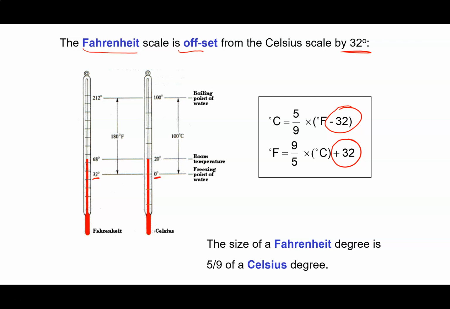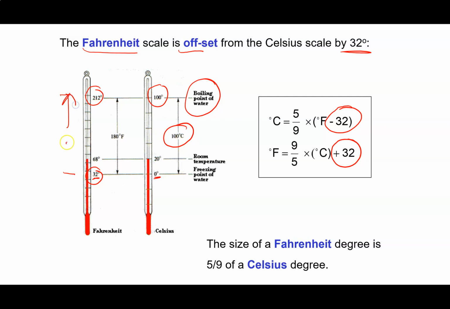So for example, if you look at the difference between the freezing point of water and the boiling point of water on the Celsius scale, water freezes at 0 degrees Celsius, it boils at 100 degrees Celsius. There are 100 Celsius units between the boiling point and freezing point of water. Now, if we look at the Fahrenheit scale, water freezes at 32 degrees Fahrenheit and it boils at 212 degrees Fahrenheit.